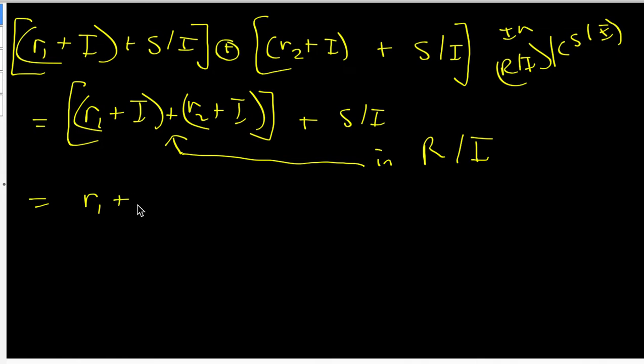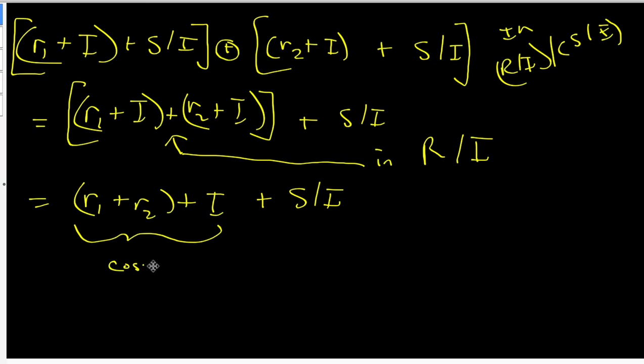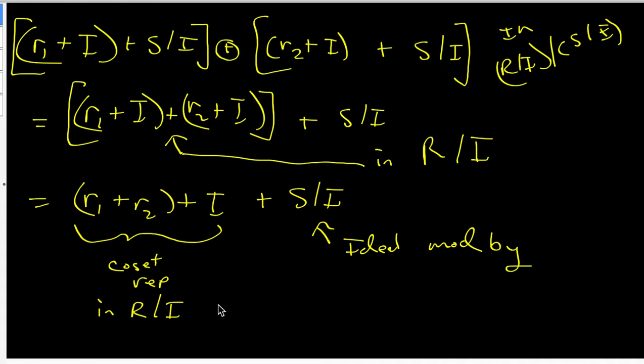So I have r1 plus r2 plus I, and then I add that to the ideal S mod I. And so this particular guy here is the coset representative. In other words, he is an element inside R mod I, and this is the ideal that we're modding out by. So that's how coset addition is going to work in R mod I modded by S mod I.